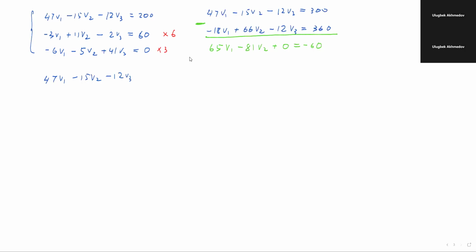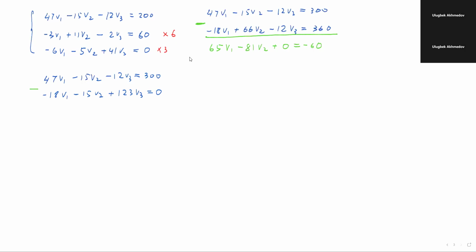And the bottom equation multiplied by 3 gives negative 18V1 minus 15V2 plus 123V3 equals 0.